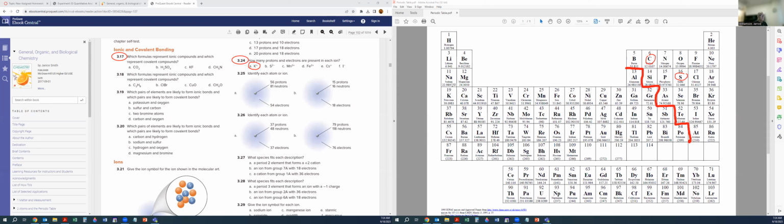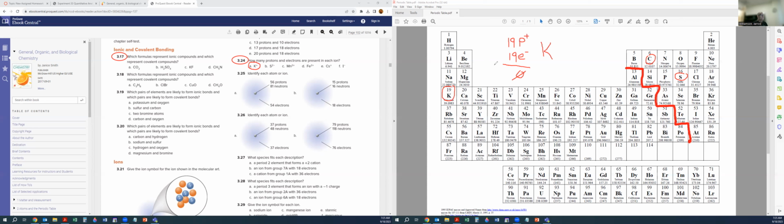Let's look at potassium. Here's potassium. With a 19, that means there are 19 protons. And if it was neutral potassium, that would mean there are 19 electrons, and it would have 0 charge.